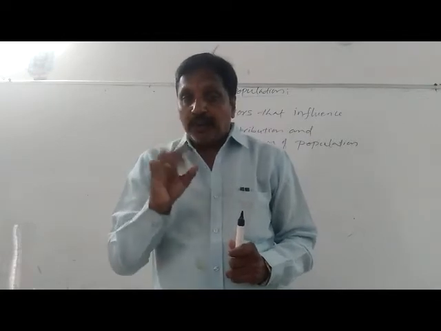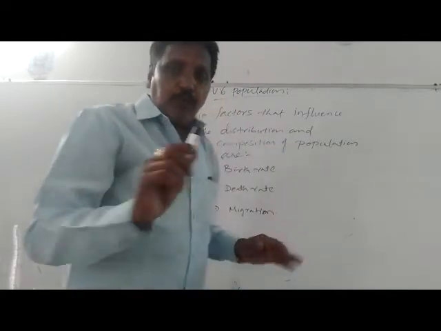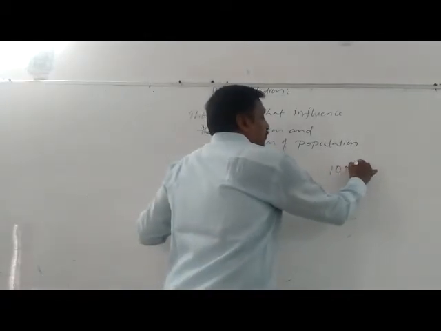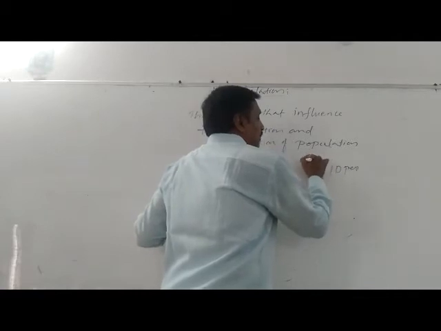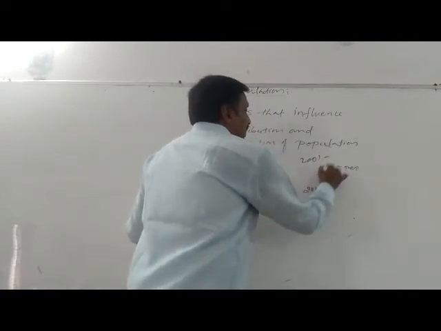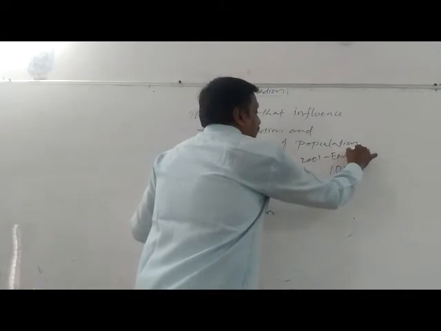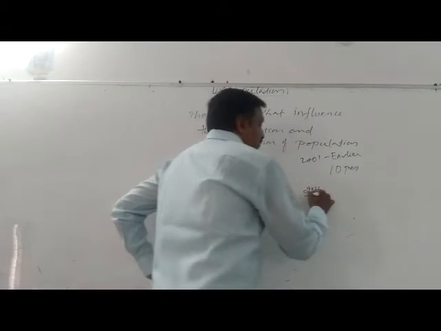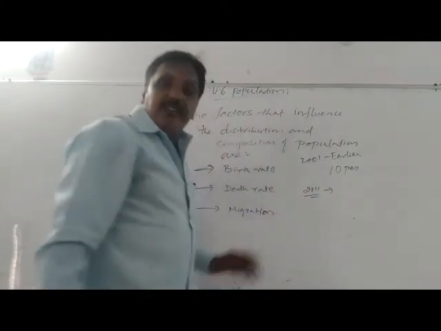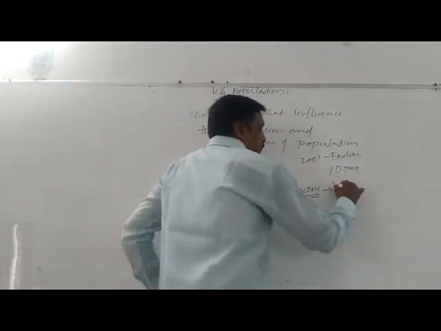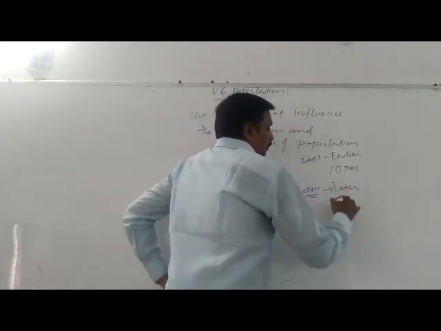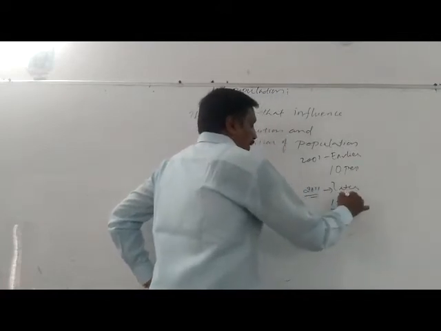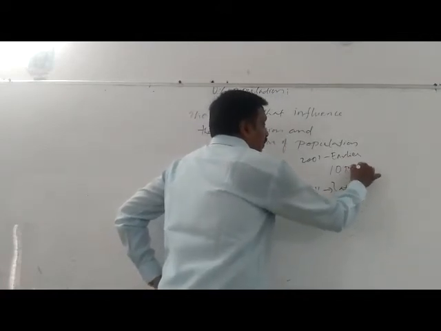I'll give you a simple example. Population of 2001 is 10 people. This is 2001, the earlier year. 2011 is the later year. Here the population is 50 people.